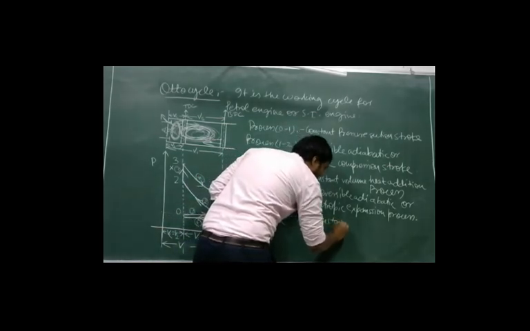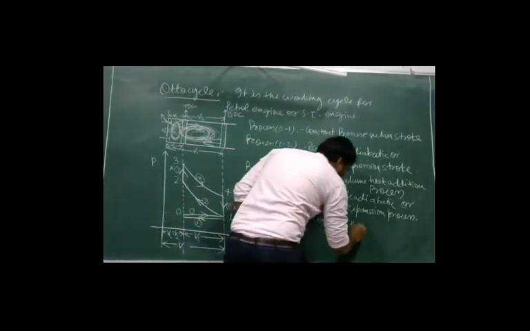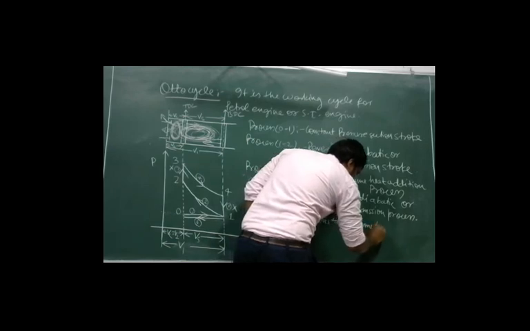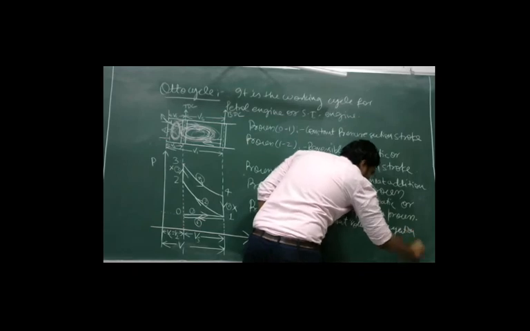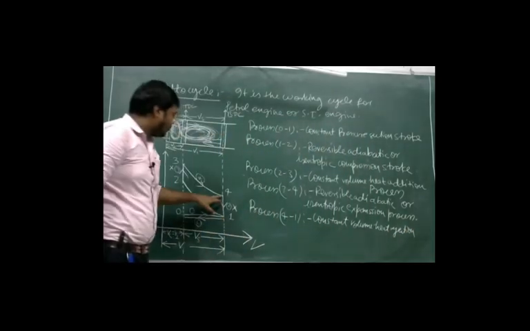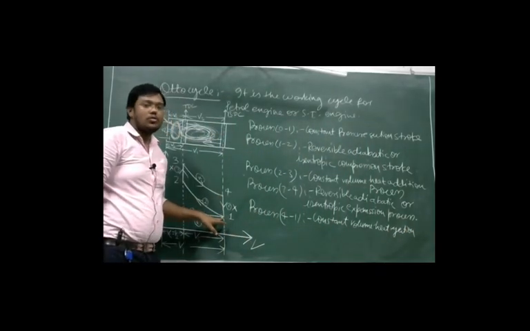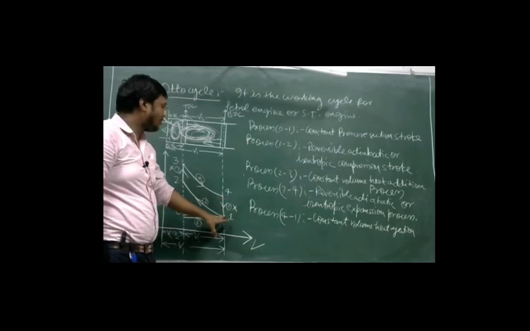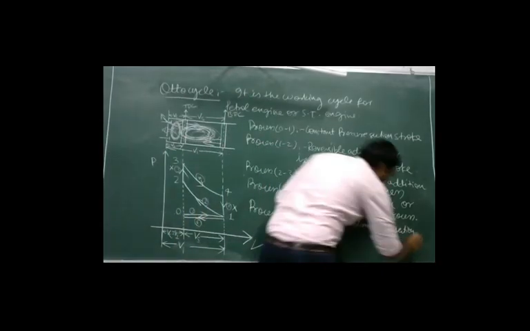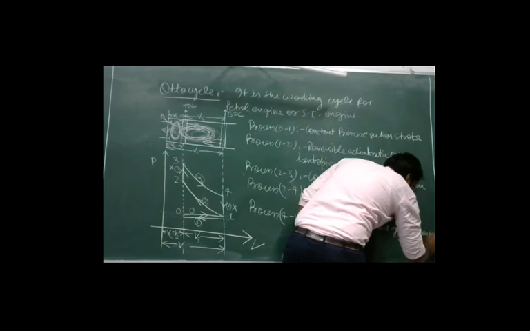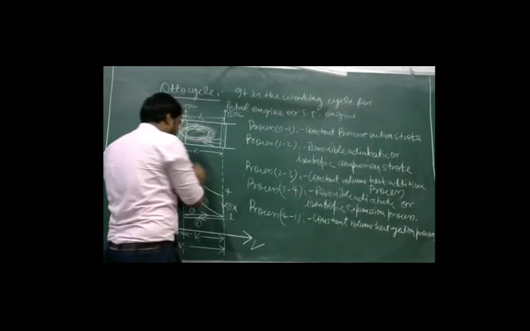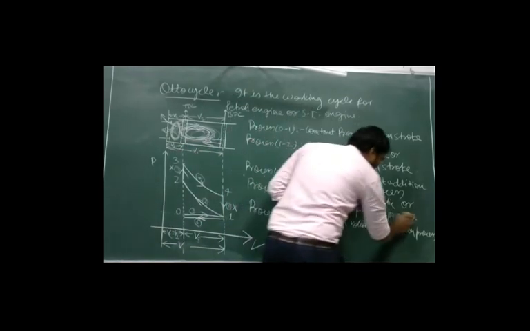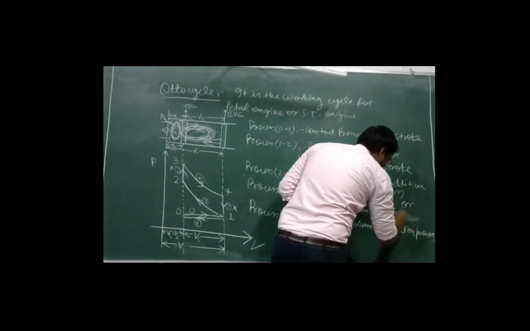Again from 4 to 1, piston is not moving, it is not a stroke, it is only a process, so we have to say constant volume heat rejection process. Expansion is a stroke. From 3 to 4 it is a stroke, so we can write stroke here.